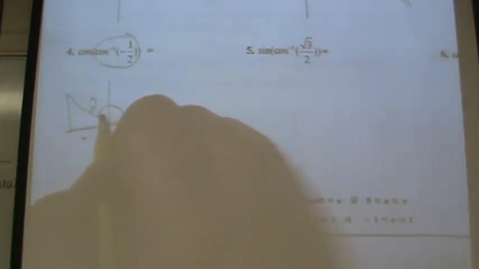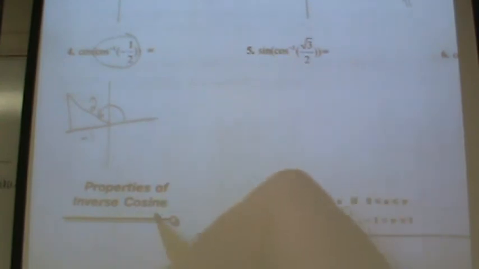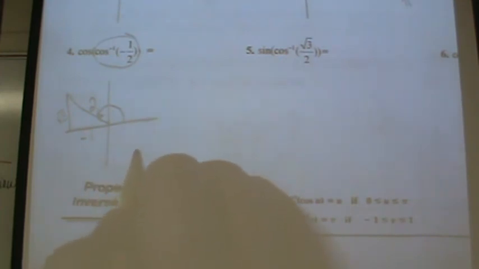Again, we're looking for that bigger angle. So this is, again, our 30, 60, 90. This is a 60-degree angle, reference angle, so this bigger angle should be, no, I messed up, 2 pi over 3. So it should be 2 pi over 3.